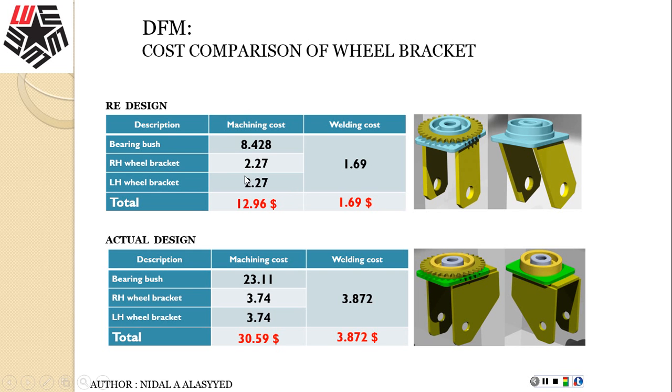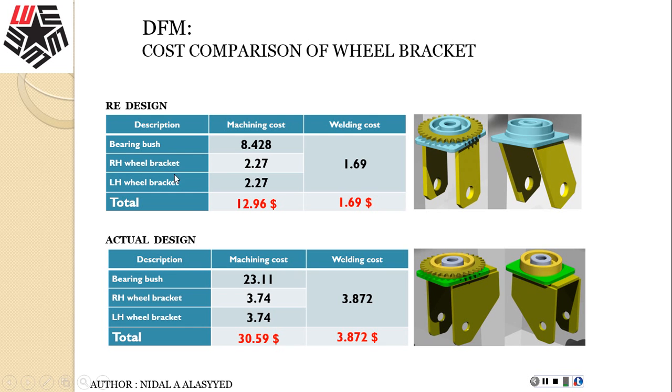The way I calculated this machining cost is all provided in an appendix in the report, based on the geometry and the cutting unit with the material, per all the data that was provided to me from existing market data for the machining cost and welding cost. I was able to collect and compare this machining cost for the redesign for both welding and machining.